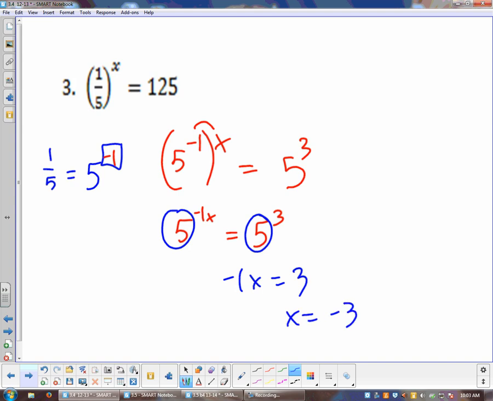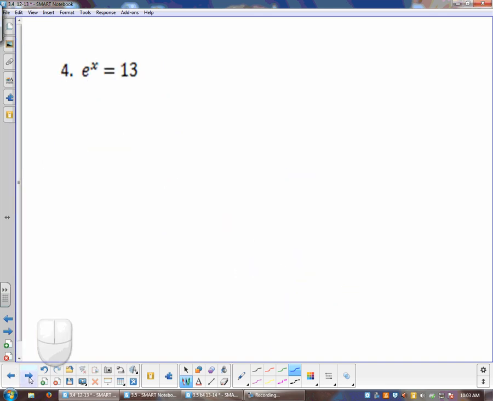All right, let's take a look at number 4. e to the x equals 13. Again, if we are trying to solve for an unknown that's locked up in an exponent like this, we're trying to solve for x. If it's locked up in the exponent, we're going to rewrite it in log form. So what's that going to look like, Sydney?